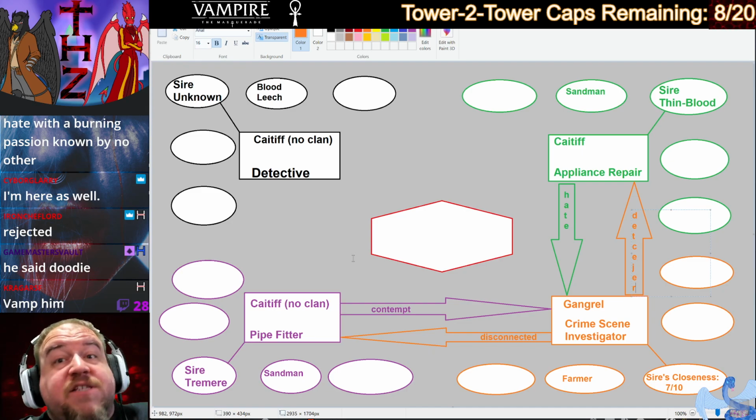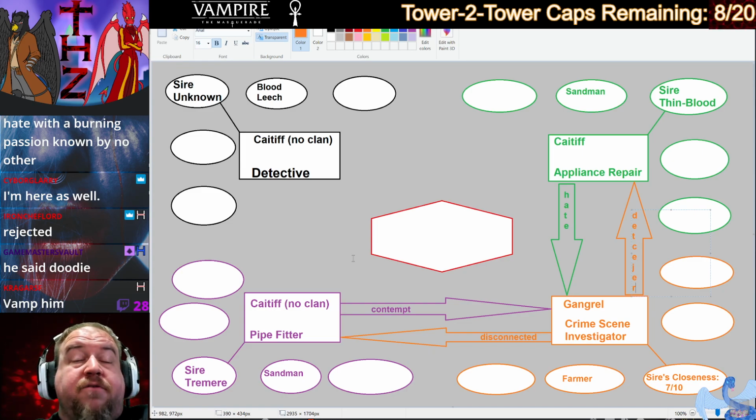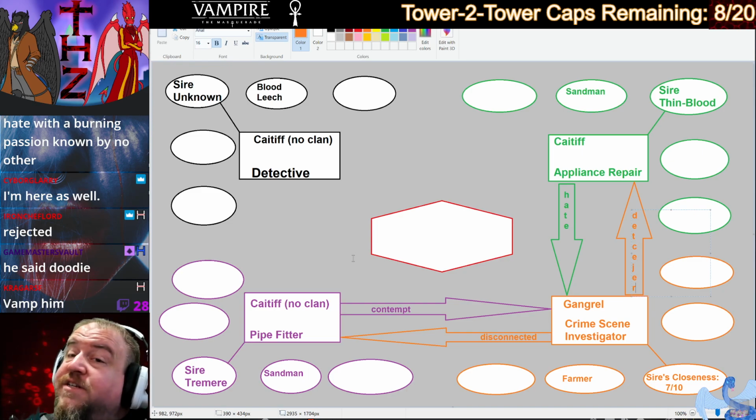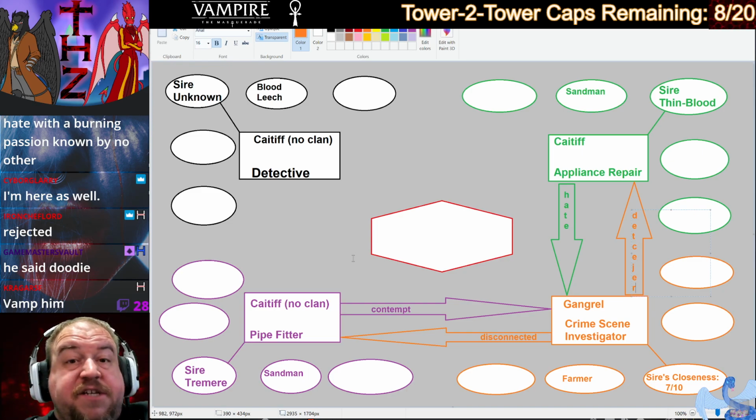Vamp him as a possibility, though depending on the rules of the city, Kragar, her embracing her grandson in this case without authorization could actually get both of them sent to final death. For as much as that could be a middle ground, that carries its own risks as well and is a moral decision.